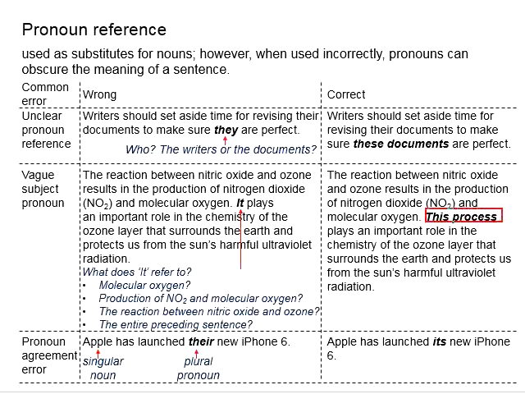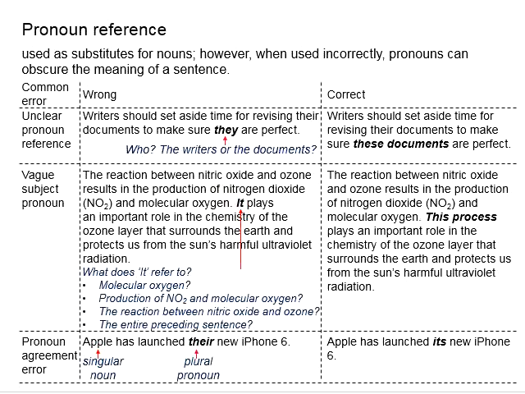This process plays an important role in the chemistry of the ozone layer that surrounds the Earth and protects us from the sun's harmful ultraviolet radiation. When you put the term "this process", it actually means the reactions between nitric oxide and ozone. This will save the readers from guessing what the "it" is referring to.